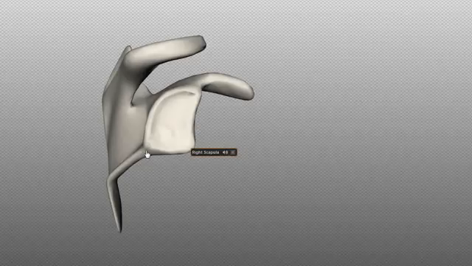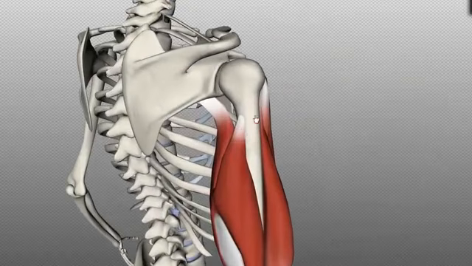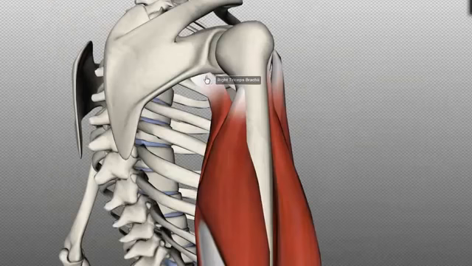The infraglenoid tubercle is the point of origin for the long head of the triceps muscle. The supraglenoid tubercle is the point where the long head of the biceps muscle attaches. I'll just switch over to this model and you can actually see that. This is the big triceps muscle, and you've got the long head of the triceps attaching to the infraglenoid tubercle.